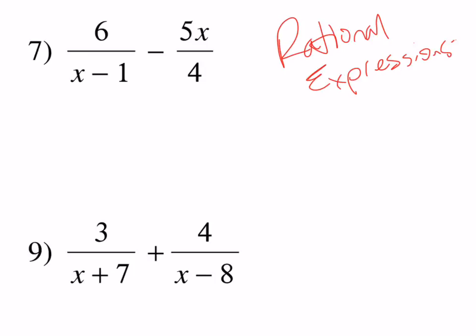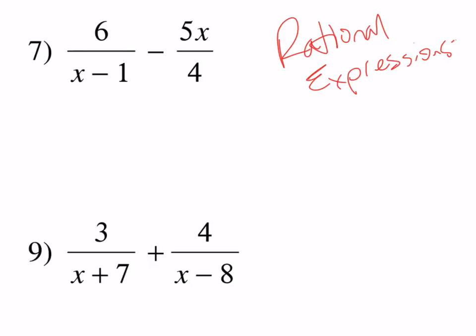So you'll notice that 5x over 4 is a fraction. Or 6 over x minus 1 is a fraction. But again, a fraction usually refers to a number, but a rational term could be a number or an expression. So we use rational for fraction, and an expression means it's not an equation, right?